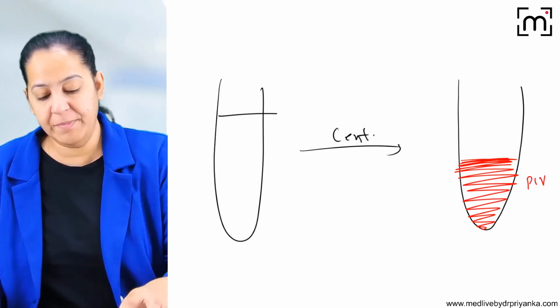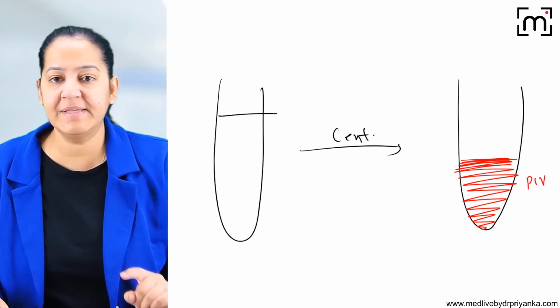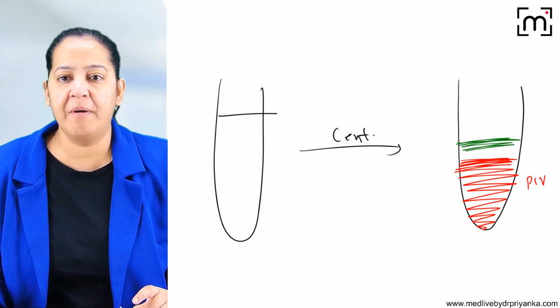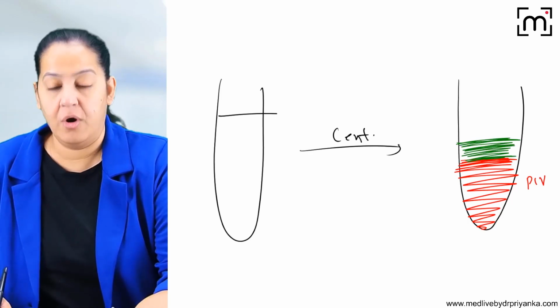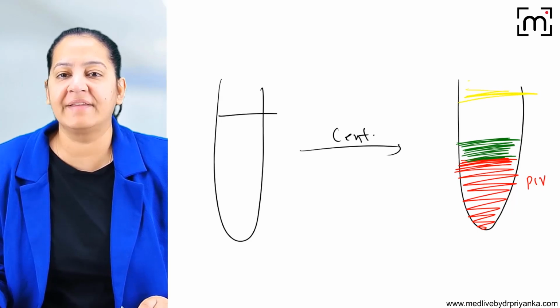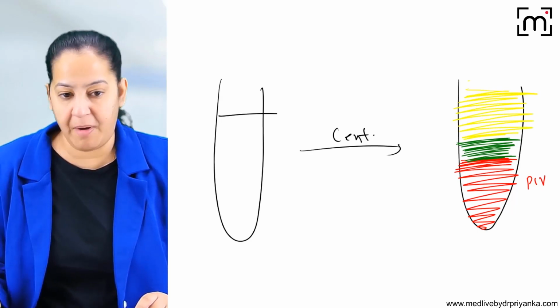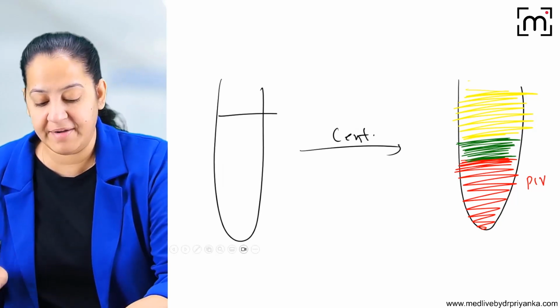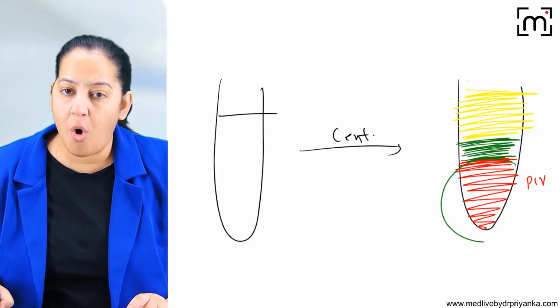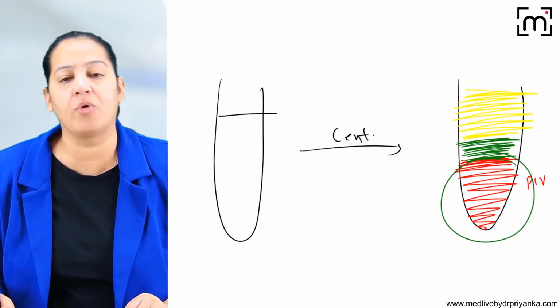The WBCs and the platelets will form a buffy coat, and all the plasma will come at the uppermost part of the test tube.